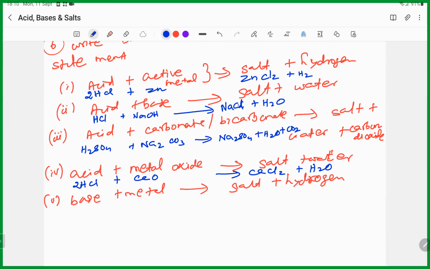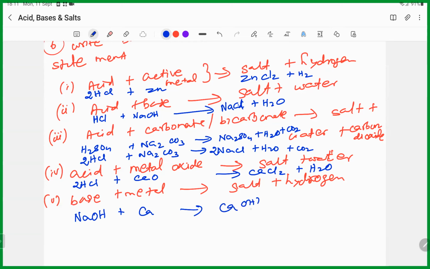So if you are using HCl, NaCl plus H2O plus CO2, but you have to use it twice. Okay, the last one. NaOH twice.